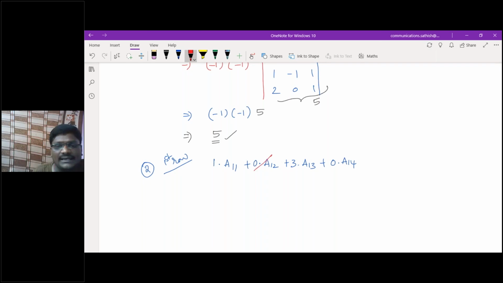So there is no need to calculate these two things. You remove those. Now I need to calculate only these two things. Are you able to follow me? Yes, sir.